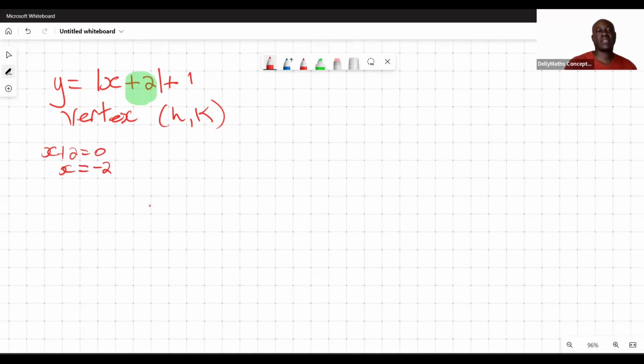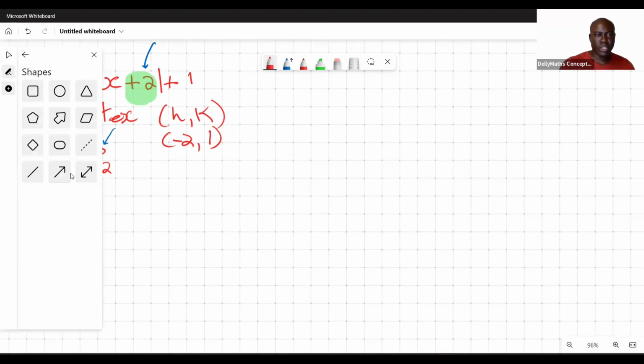So my vertex is going to be (-2, 1). Either I just look at it and pick the opposite, or I could set it to 0 to find x. That's like my axis of symmetry right there, -2. Fine. Now, let's go on the grid.